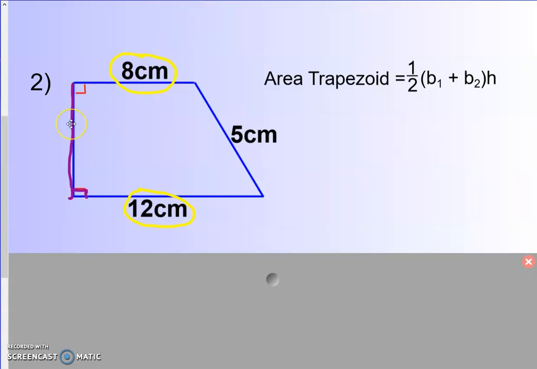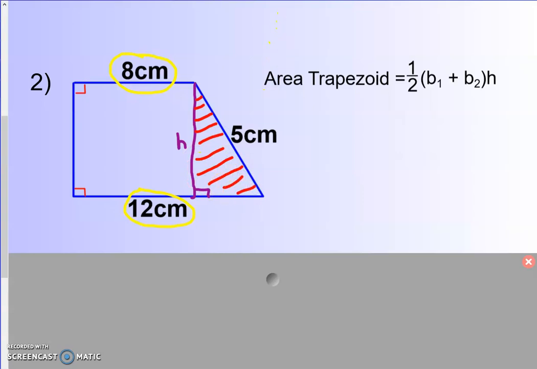And that purple segment isn't 5. So what I'm going to do is take that height, and remember, anywhere along here, that purple segment's the height. If I move it all the way over to there, now I have a right triangle. And this right triangle allows me to use the most famous theorem in math, the Pythagorean theorem.